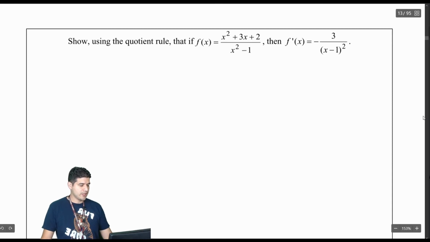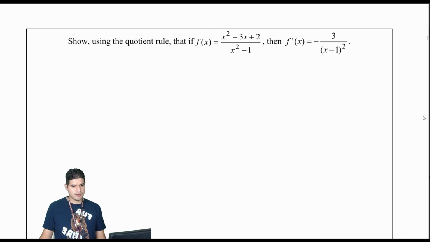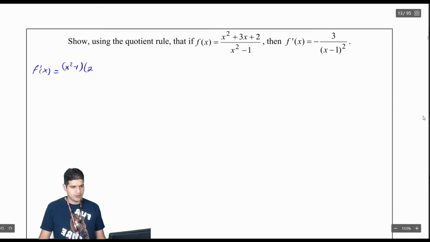So as I'm working on this, let's see what we can do. So we want to use the quotient rule here, and that's going to be f prime of x is low, so x squared minus 1, d high, so 2x plus 3, minus high, d low, so times 2x, square the bottom, and away we go.